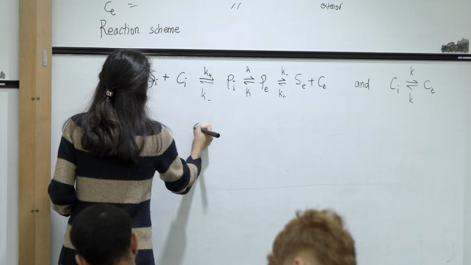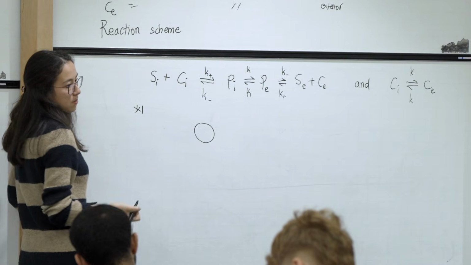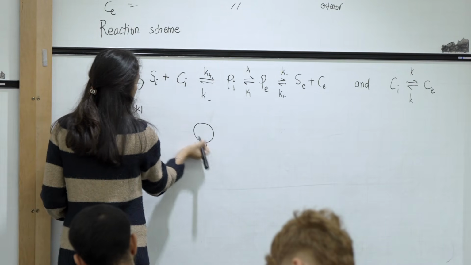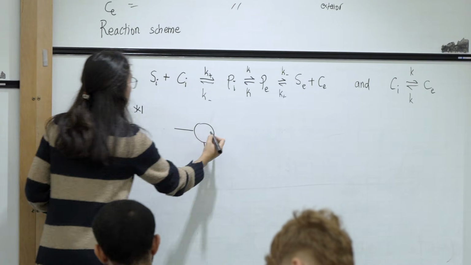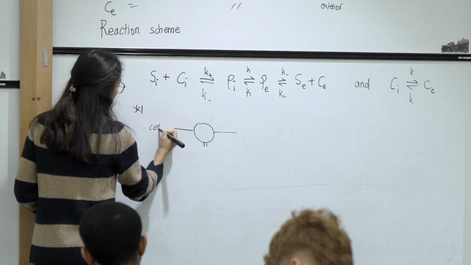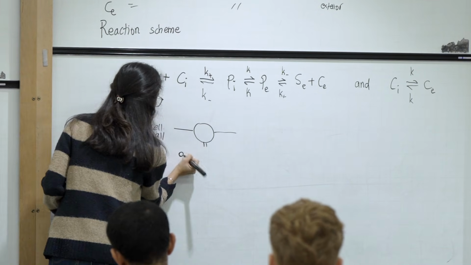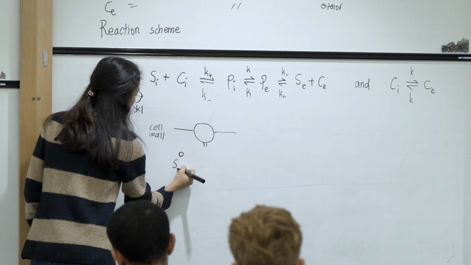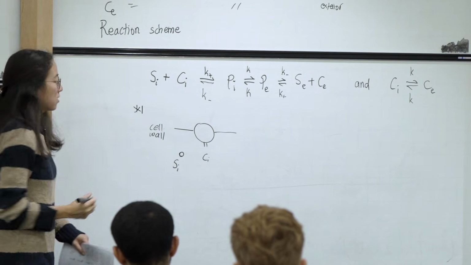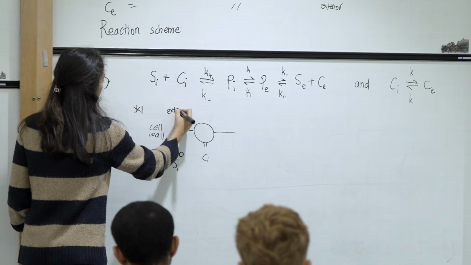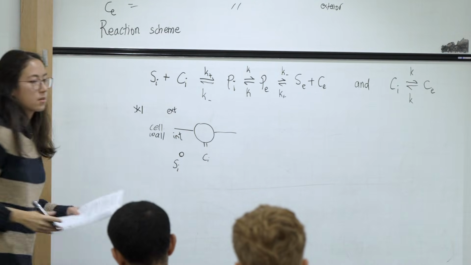So what you have schematically is the following. This is my enzyme. It has some active site. So this is my cell wall, say, right? This is the cell wall. And then I have some substrate here, which is Si. This is Ci. So this is the exterior, we said, and this is the interior.